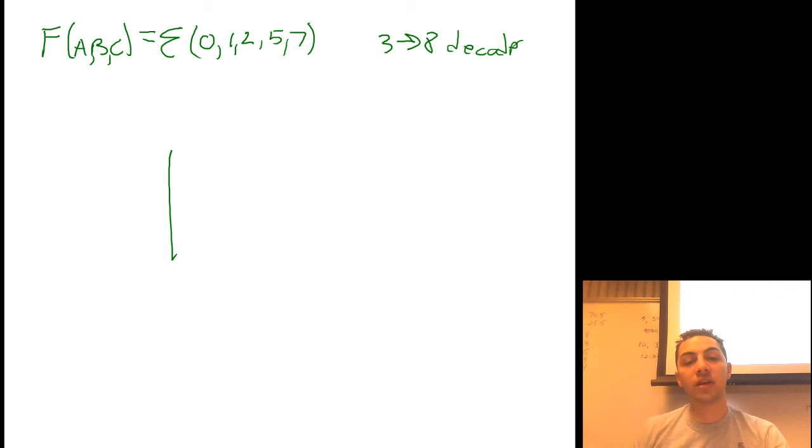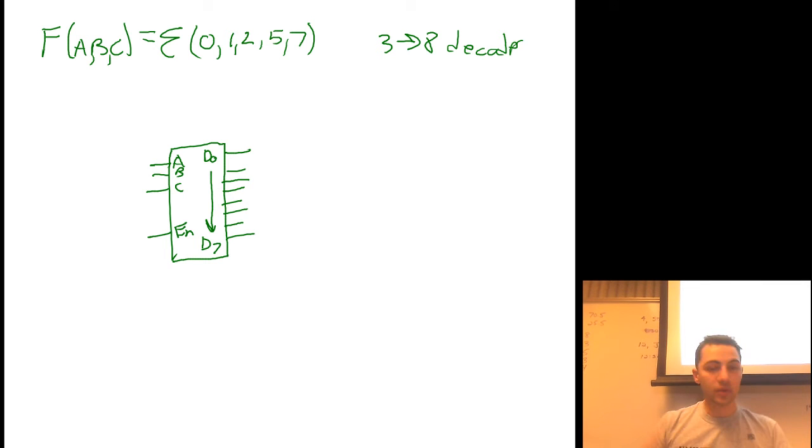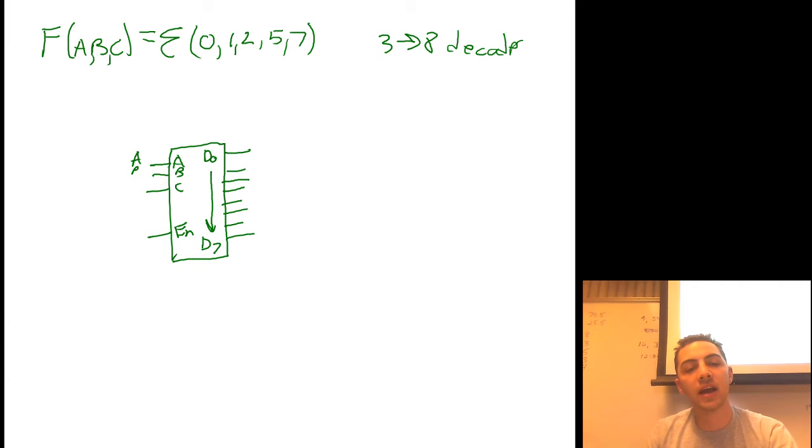So let's start by knowing what a 3 to 8 decoder is. It has three inputs, A, B, C, and eight outputs, D0 through D7. A 3 to 8 decoder will even provide an enable, although we may or may not use it. I connect A, B, and C to the inputs of the decoder, which means each of these outputs is going to be active when a particular min-term comes in, because I didn't do active low or anything.